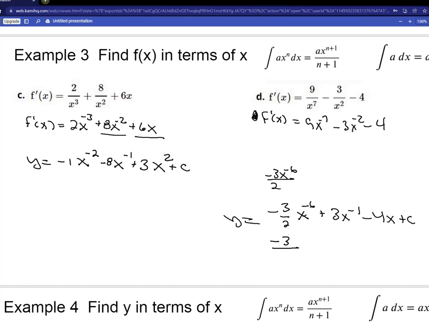Wouldn't it become 2x to the power 6? Exactly. And then what will we do with this one? That will become 3 over x. All right, you cool with that?